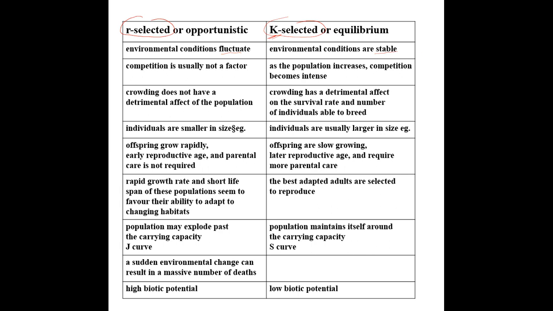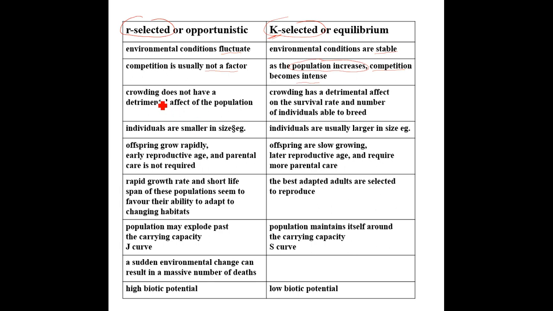So if you think especially aquatic conditions, and even more so marine conditions, they are not quite as variable as terrestrial conditions. Competition is usually not a factor at all for R-selected populations, whereas competition becomes really, really intense when you have large population sizes and it is a K-selected population.